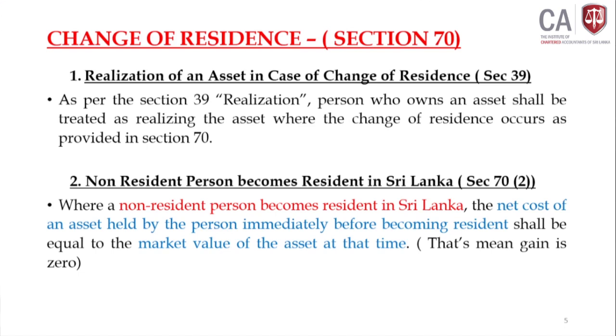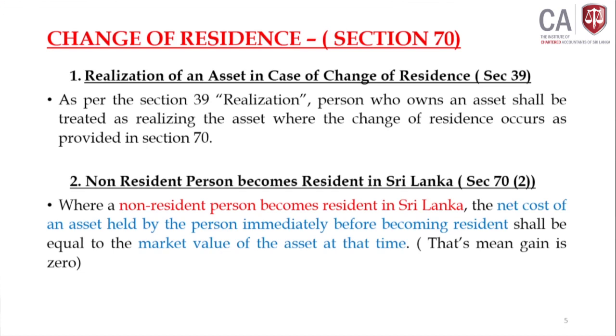Where a non-resident person becomes resident in Sri Lanka, the net cost of an asset held by the person immediately before becoming resident shall be equal to the market value of the asset at that time. What is the provision given? It is given when the non-resident person becomes a resident, a foreign citizen, permanently.